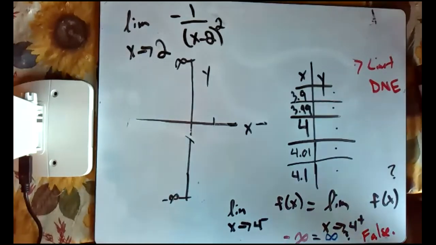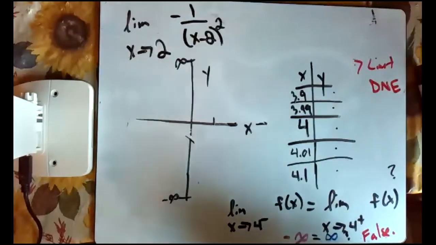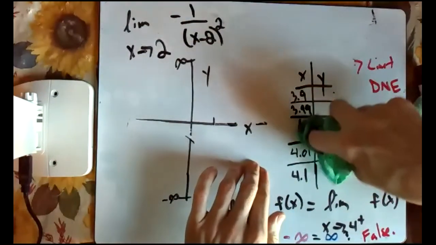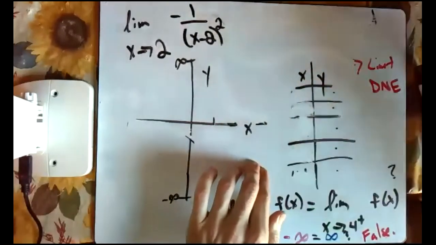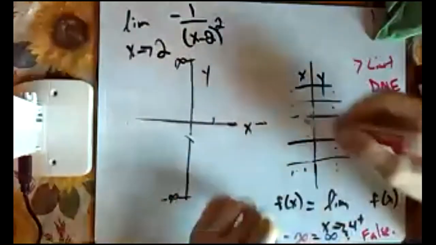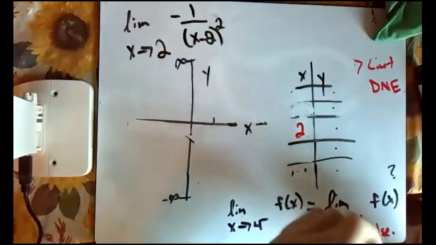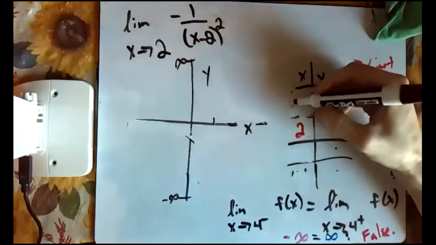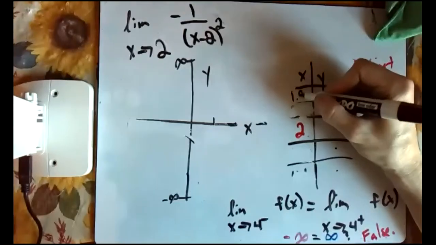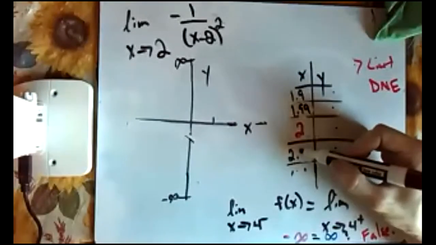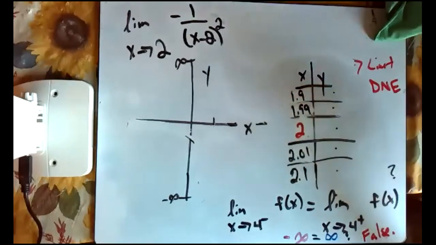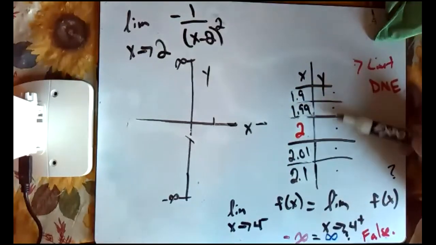So again, you could go out there and do your little t-table and choose numbers around 2. Stuff a little smaller, stuff a little bigger, right? Like you can test 1.9, 1.99, something a little bigger, 2.01, 2.1, for example, and you can plug the numbers in.